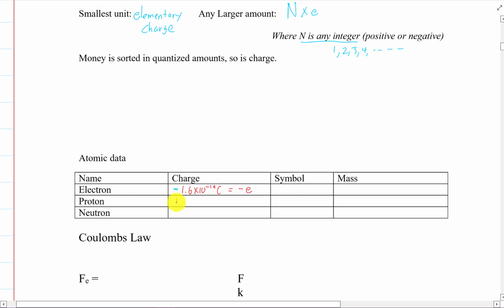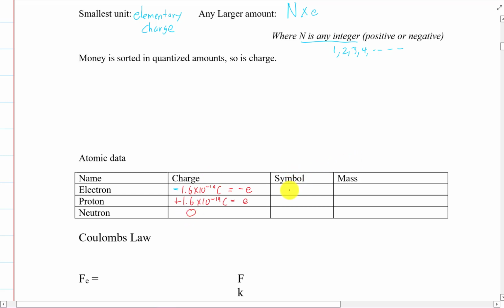What's the charge on a proton? That would be positive 1.6 times 10 to the negative 19th coulombs, or just e. What's the charge on a neutron? Thank you. Perfect answer, 0.